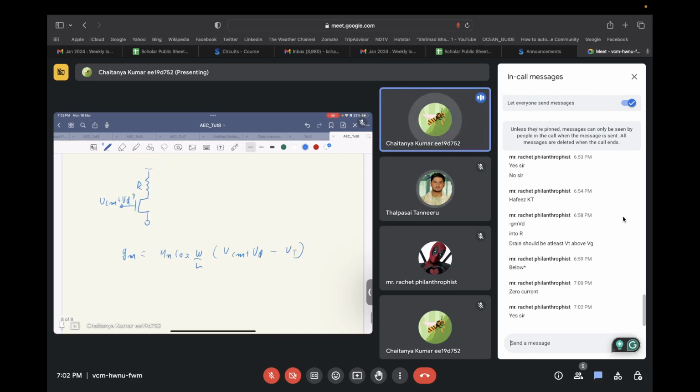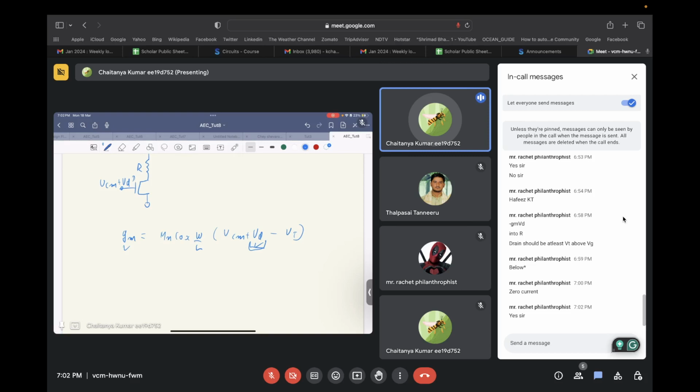So if this is the gate voltage, and this is GM, you notice that the transistor will not go out of saturation within these limits, but your GM is still dependent on the input voltage.